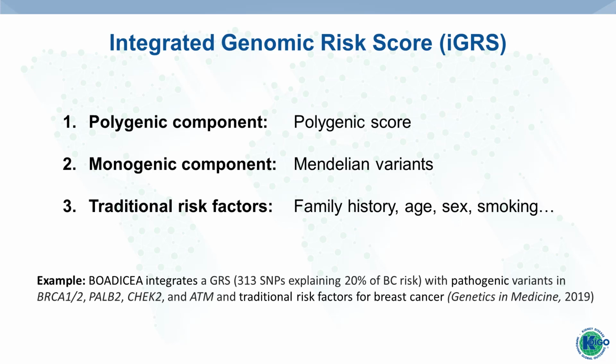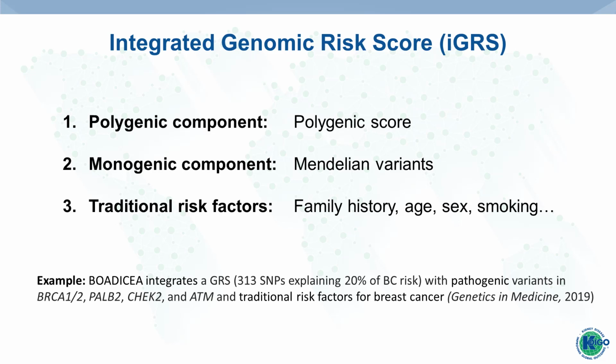And that risk element is then combined with presence of Mendelian variants that can be relevant for the trait of interest. And then that information is further combined with the presence of traditional risk factors, such as positive family history for kidney disease, age, sex, smoking history, or whatever else is relevant for a given trait of interest.